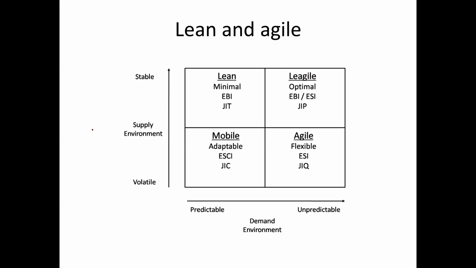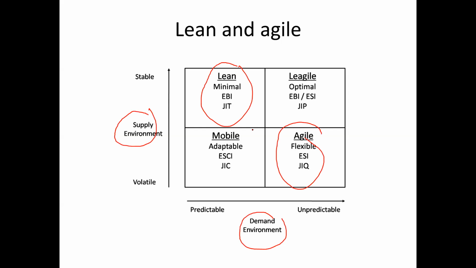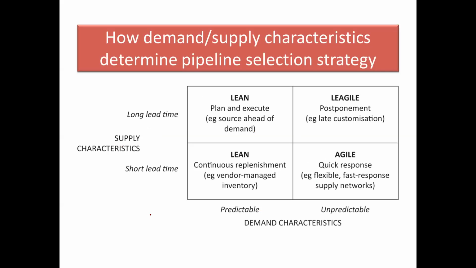Lean versus agile, well, it depends on, is your supply stable or volatile, and is the demand stable? If the demand is stable and supply is stable, we can have lean. If it isn't, we might need agile, or we might need a combination. We might need leagile. That's probably one from the study guide.